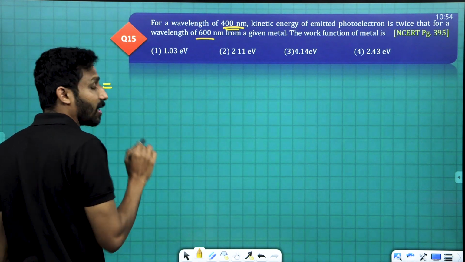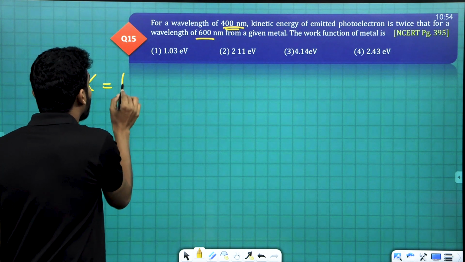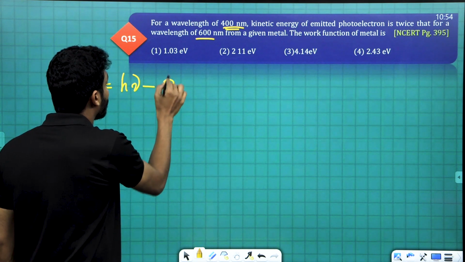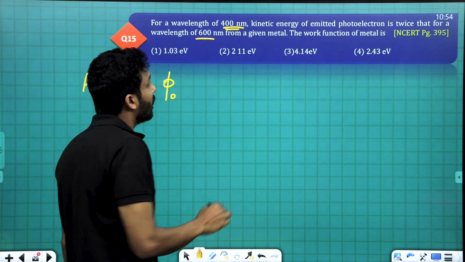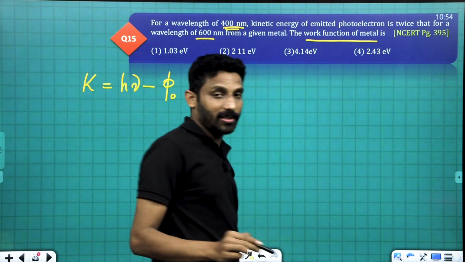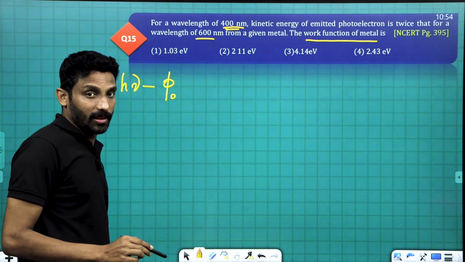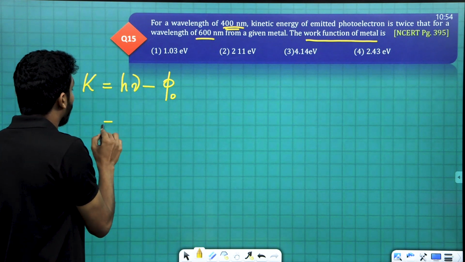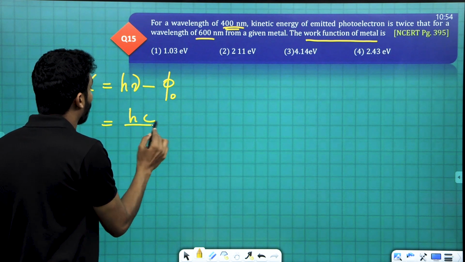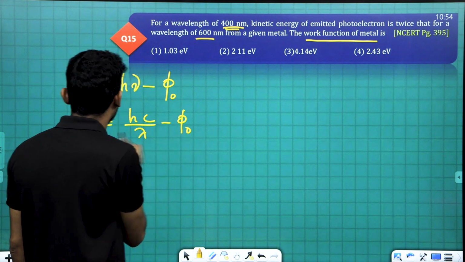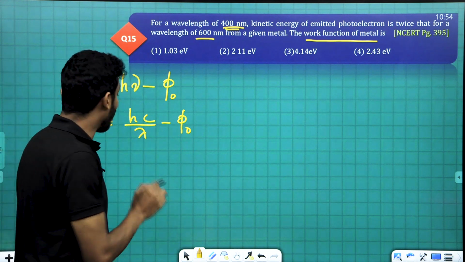That is, the kinetic energy of the emitted electron is energy of incident radiation minus work function. Here the work function of the metal, phi naught, is asked. Now we know h nu is hc by lambda, the frequency being c by lambda, minus phi naught. This is the expression.